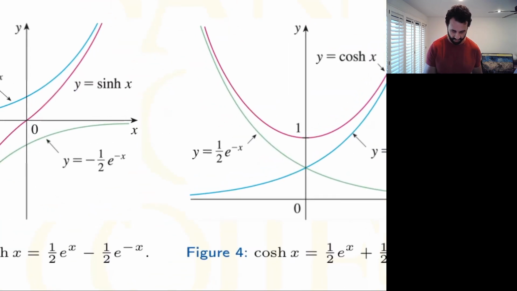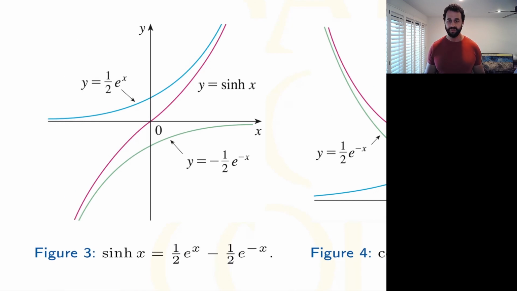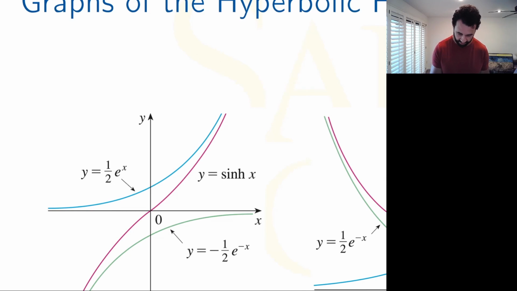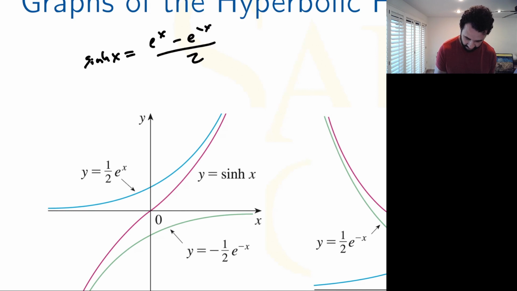So let me zoom in on this one for a minute. In this picture, this curve right here, that's the graph of hyperbolic sine. And if you're wondering how you get that graph, it's because if you remember, you're going to add up 1/2 e to the x and negative 1/2 e to the negative x. So maybe I should write this right here. Remember, sinh was e to the x minus e to the negative x over 2.